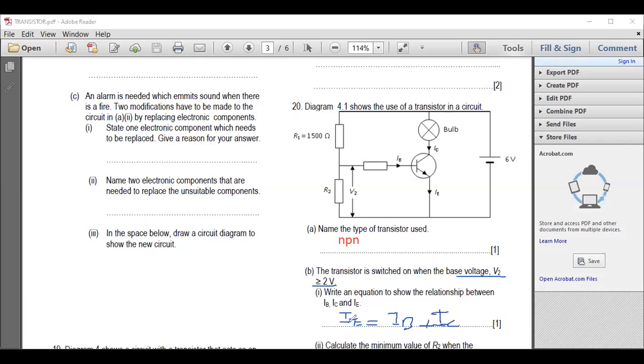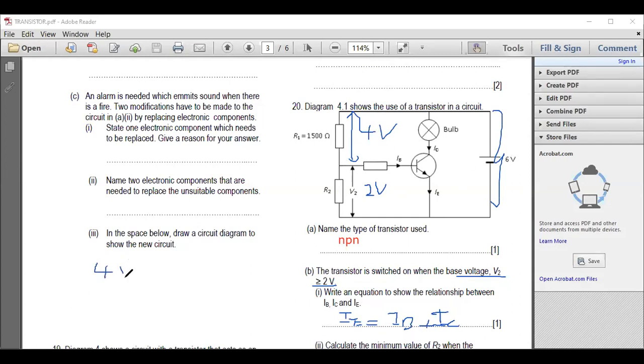Next, calculate the minimum value of R2. Minimum value. In order for the transistor to switch on, this one must be minimum 2 volt. Now this whole thing is 6 volt. If this one is 2 volt, that means the balance on top here must take up 4 volt, because total is 6 volt. So use the ratio method.